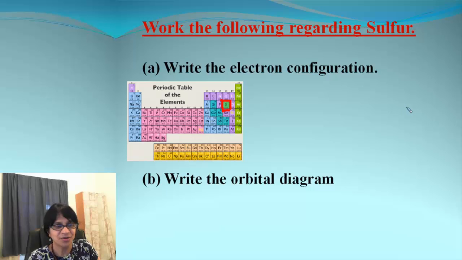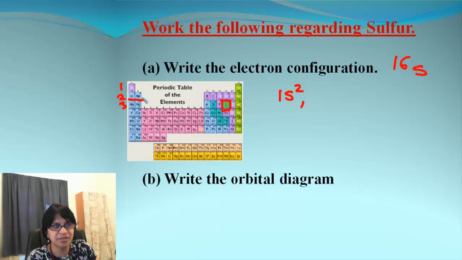Sulfur is right over here. If you look carefully, sulfur has the atomic number of 16, and we need to show how those electrons are arranged in an atom of sulfur. We read from left to right till we reach sulfur. Level 1 is completely filled in, that's 1s2.